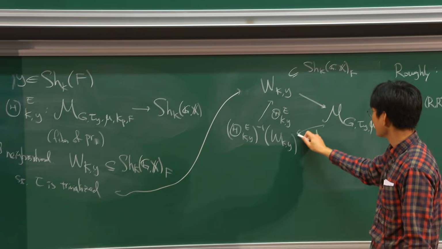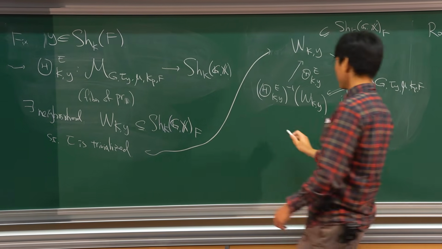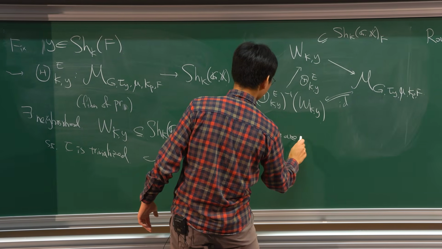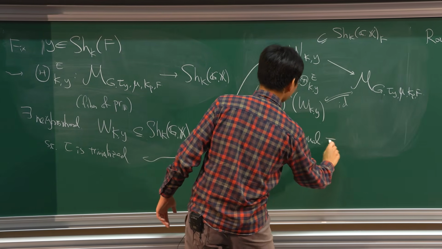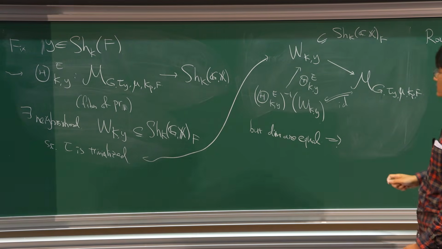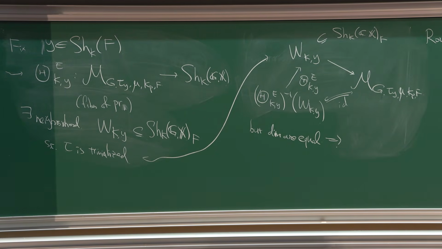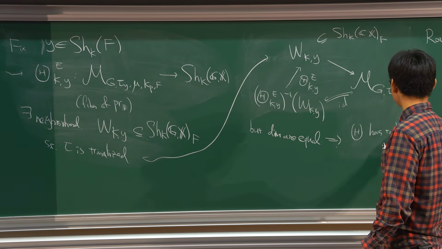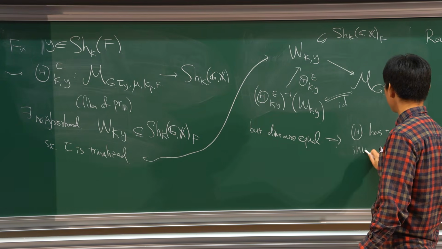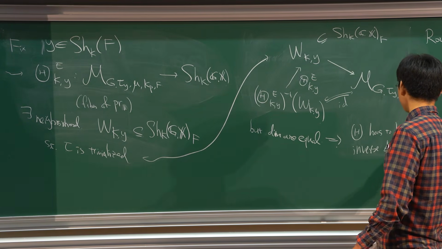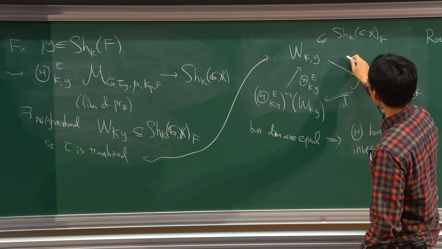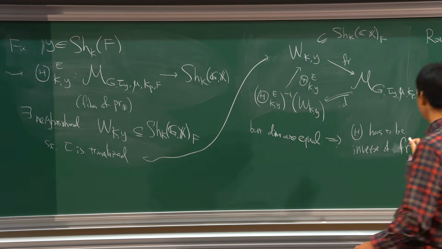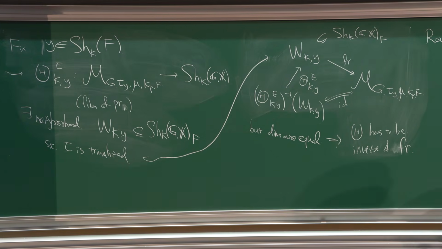So this is the identity map, but the dimensions are equal, and therefore we see that theta just has to be the inverse of the original map. Well, let me call this Fr, the map that the framing induces.